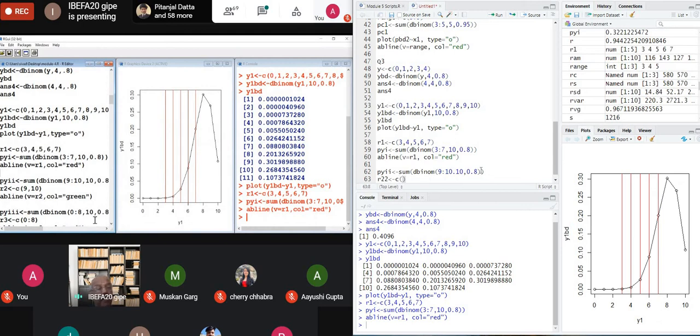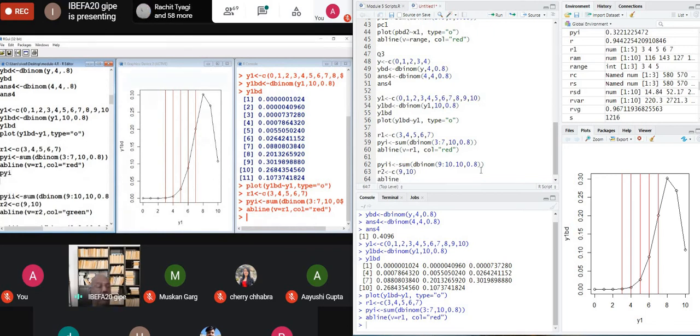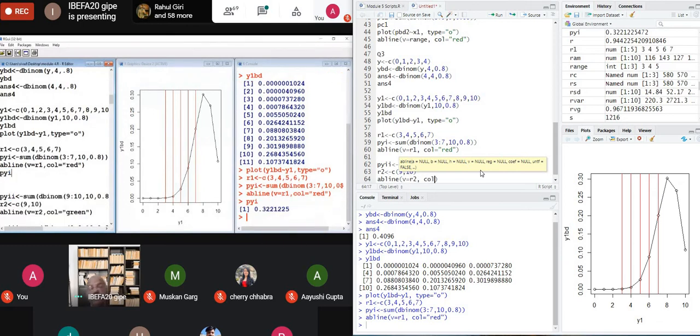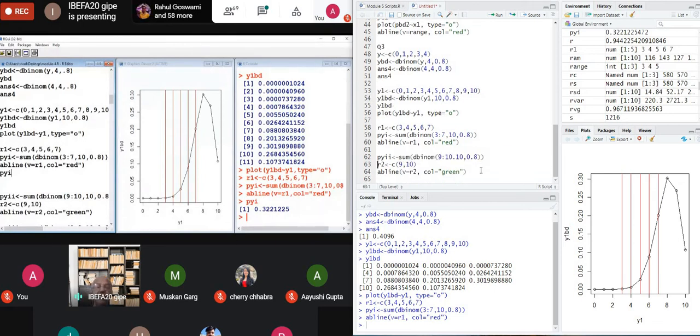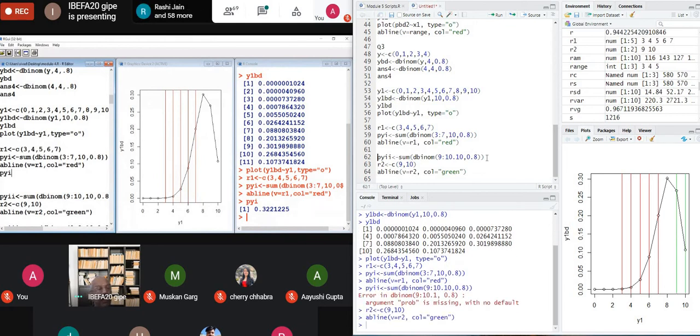If I type the answer, that also I can get. Probability for Y, first option. See, the answer is this much: 0.322125. That is, the addition of the vertical lines gives me the probability. Second question is 9 and 10.